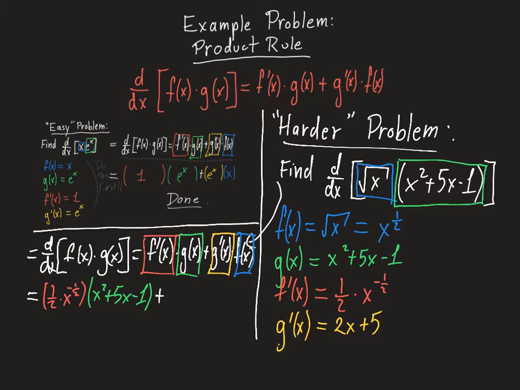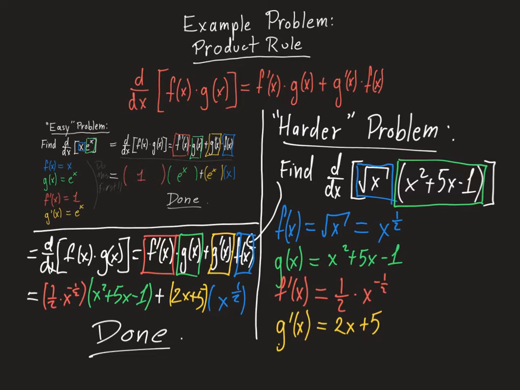We are adding, followed by our function in yellow, which is 2x plus 5. And last but not least, we have our function in blue, which is, you can write it either way you prefer. I'm going to write this as x to the 1/2. You can write this as square root of x as well. Either way works. And we are done.